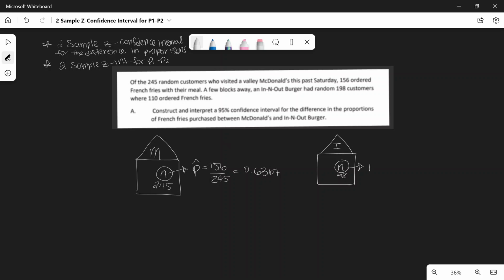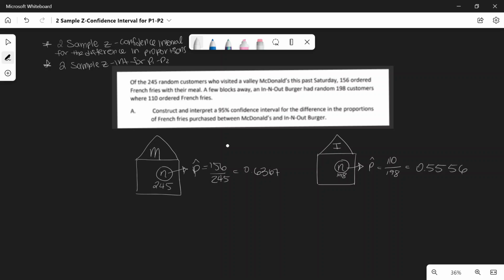From that sample, we're calculating a point estimate, which is the proportion of those 198 customers who ordered French fries with their meal, and only 110 of them did. So 110 divided by 198 is 0.555, I'm just going to say 0.556. Okay, so that's what we have so far.